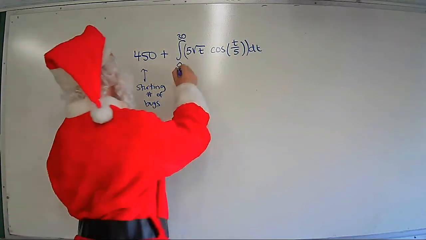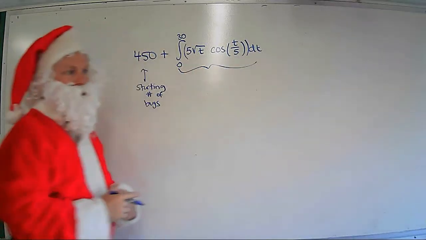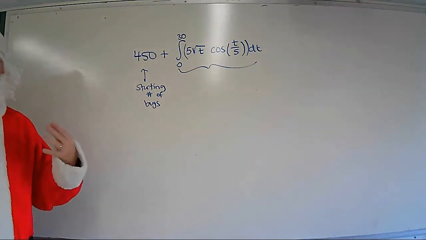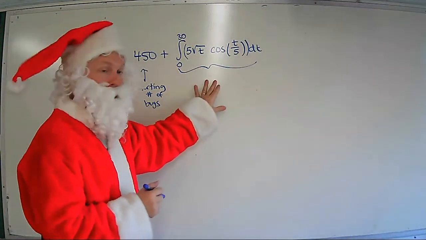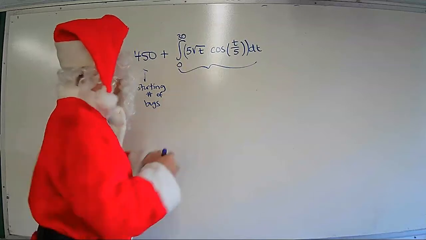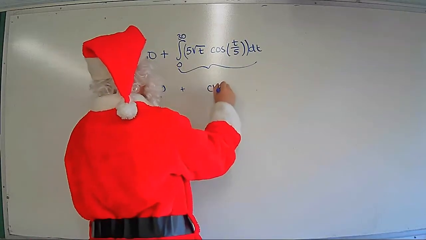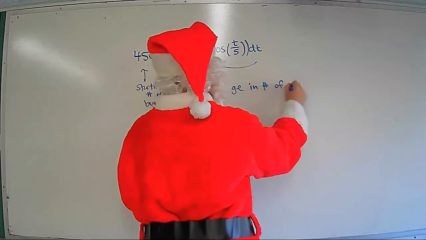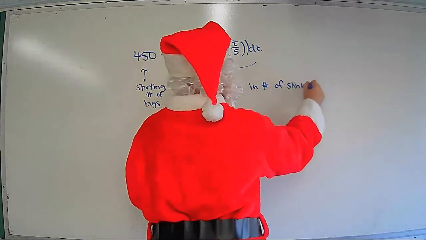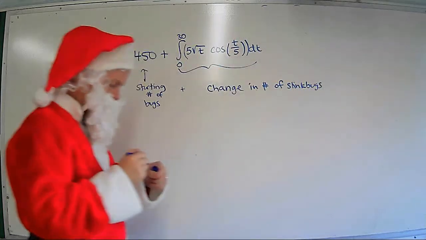Okay? And then what's this equal? Okay? I don't know what it equals numerically, but conceptually I know that whatever the number is that this equals, it's the change in the number of stink bugs.